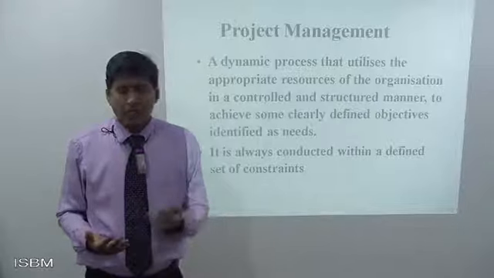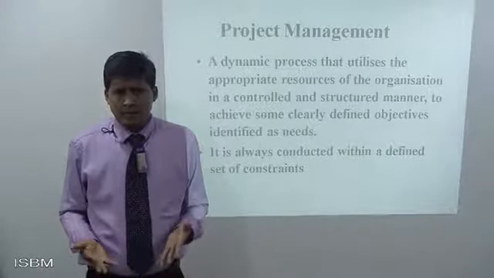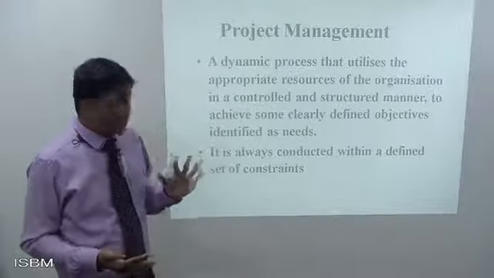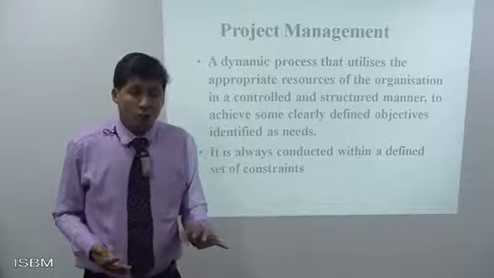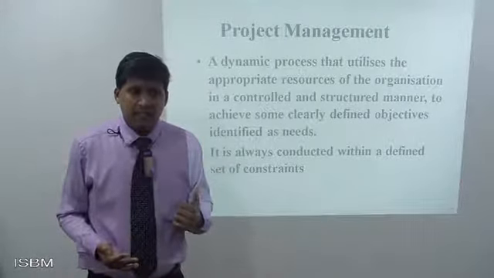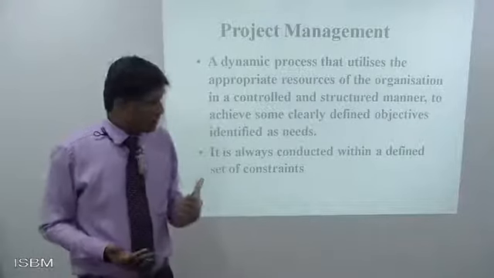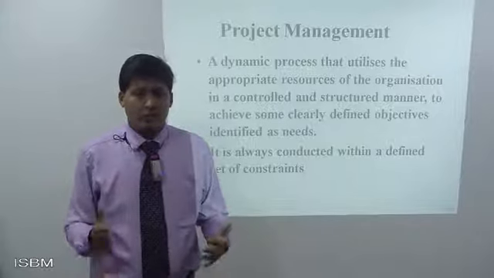Suppose a transportation strike happens, the goods are not available. There are so many constraints. So when we speak of project management, one highlighting feature, which is a part of the dynamic nature of the activity, is that they work in a defined constraint, and that's very important to understand.